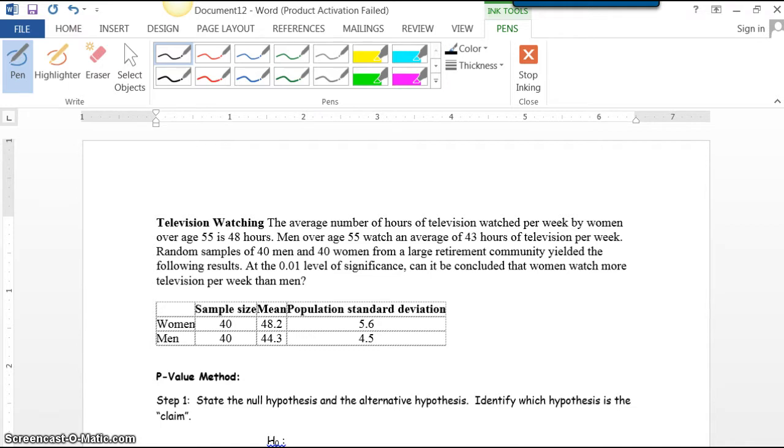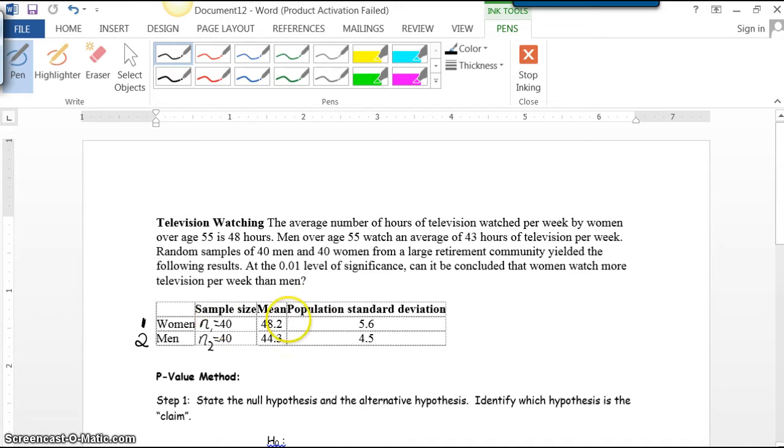And then it says at an alpha of 0.01 level of significance, can it be concluded that women watch more television per week than men? So we're going to label these the women number 1 and the men number 2. So this will be sample size number 1 and sample size number 2.